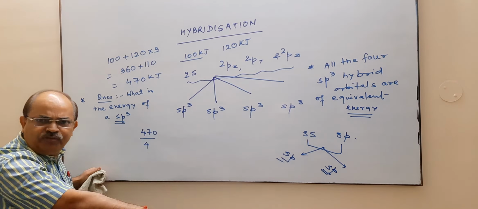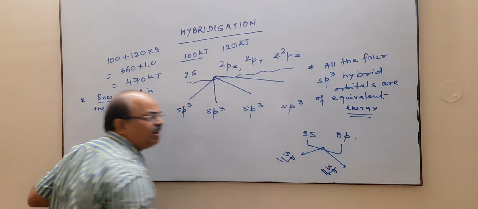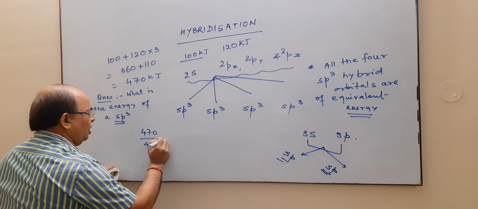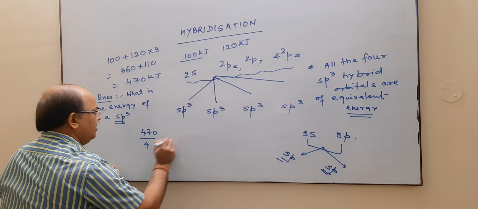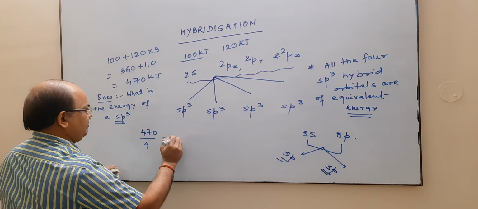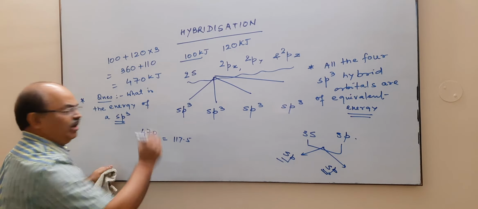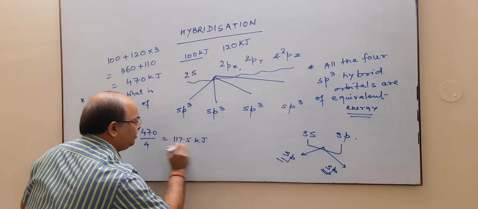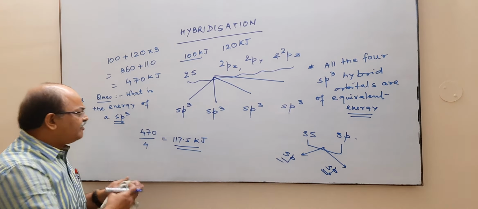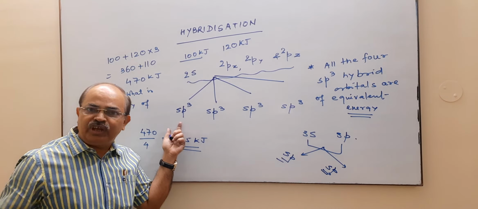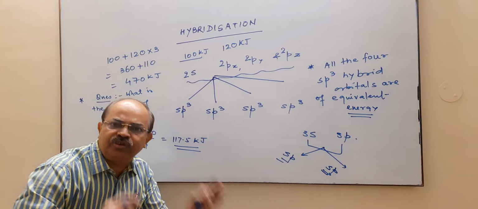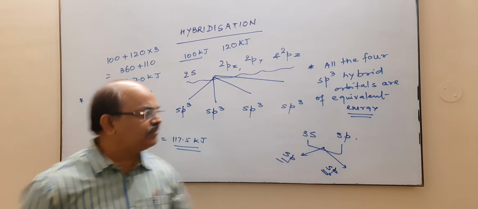Why do we divide by 4? Because we have 4 different sp3 of equal energy, and you can say it is near about 117.5 kilojoule. So 117.5 kilojoule is the energy of each and every sp3 hybrid orbital.